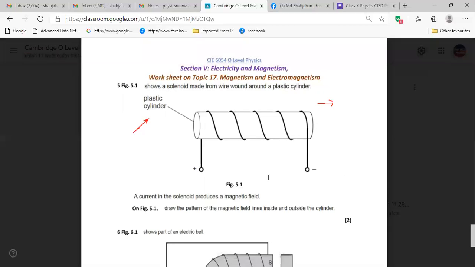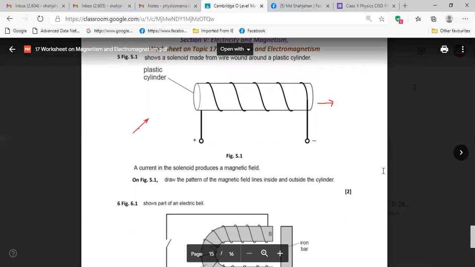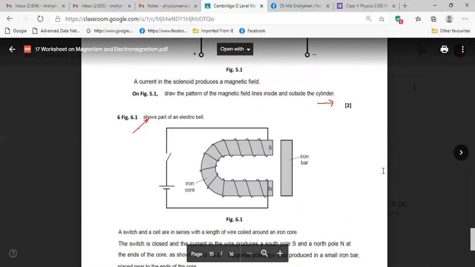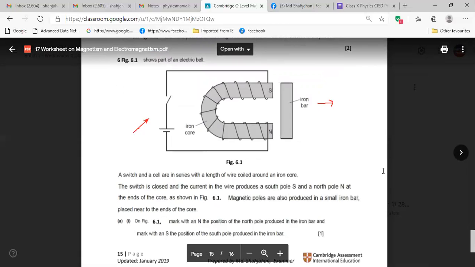Yes. So they are mentioning that you show the continuous line which shows both inside and outside of the cylinder. Is it clear? Yes, sir. So this part is done.